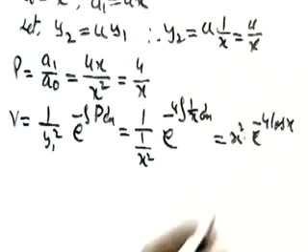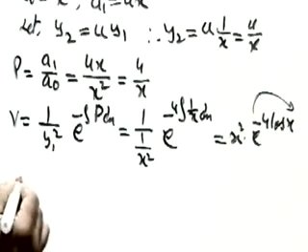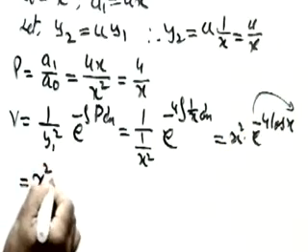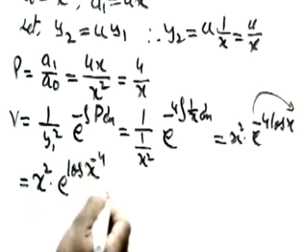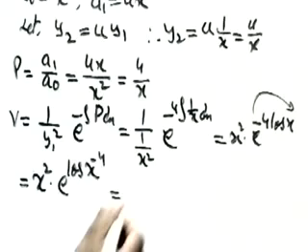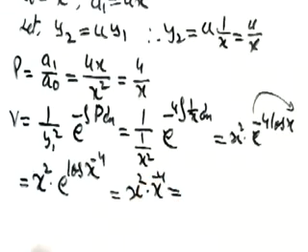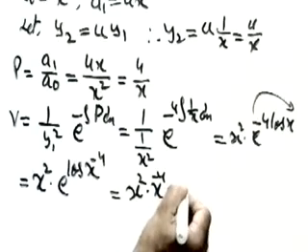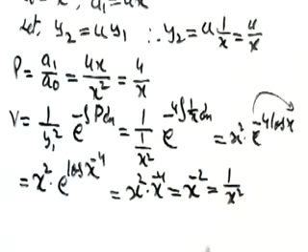So x square into e to the power of log x to the power minus 4. The e and log get cancelled. What is left is x square into x power minus 4. The bases are the same, so add the powers: x power minus 2, which can be written as 1 by x square.